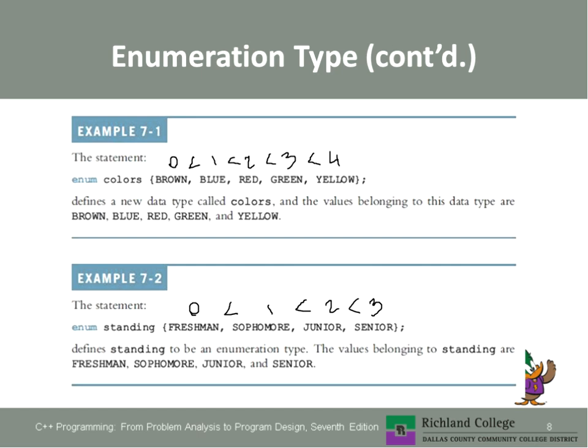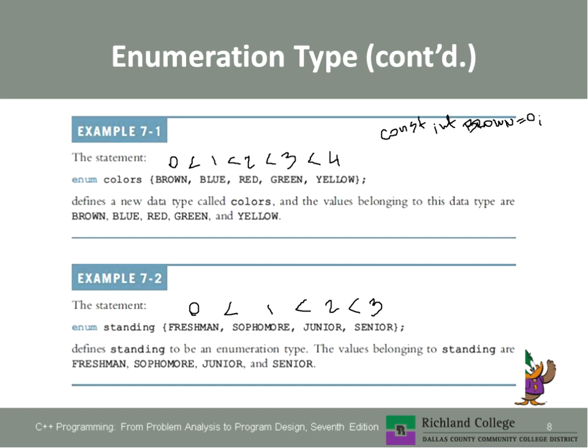So the best way that you can look at this is maybe you would think about it as const integer, and then let's say BROWN, all capital, equals 0.